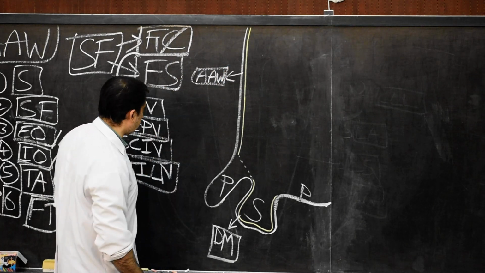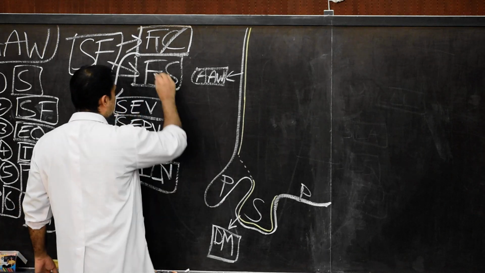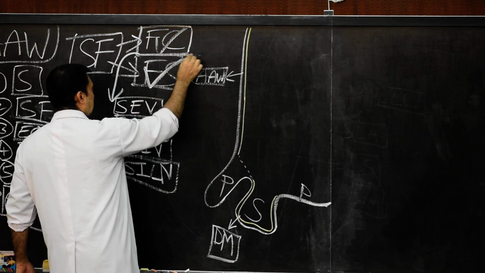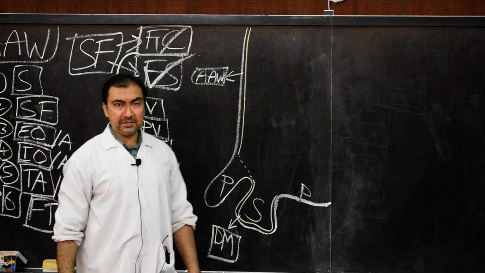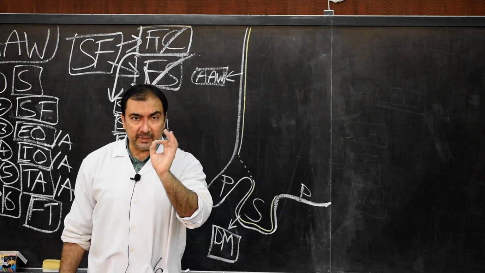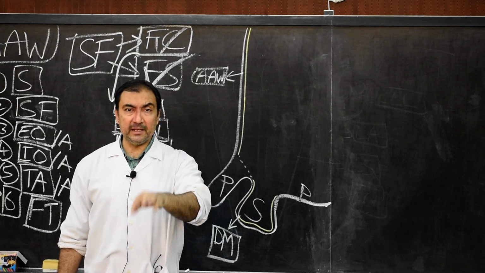Now the fascia of Scarpa. This is very important. The fascia of Scarpa is a deep membranous layer. And remember, it is made up of elastic fibrous tissue.